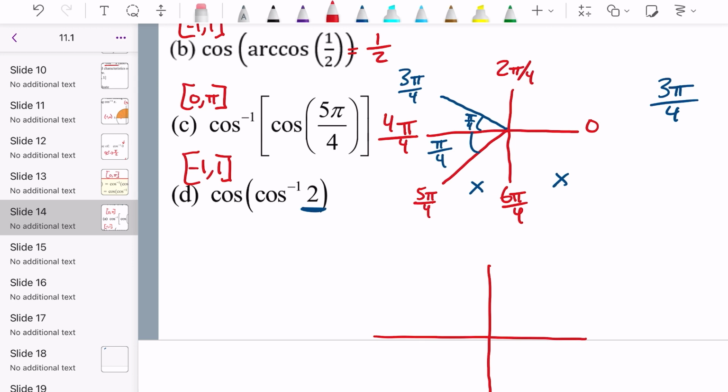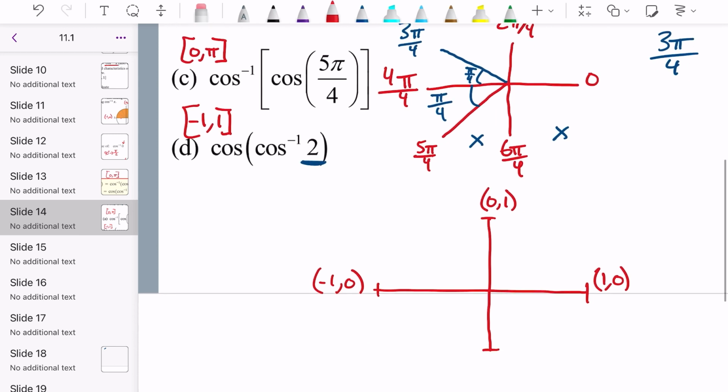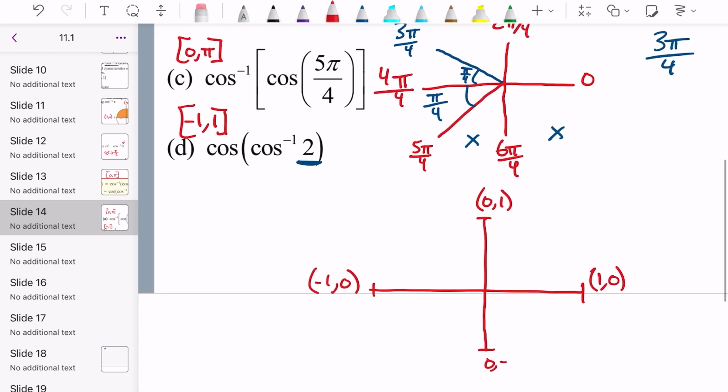our maximum values fall on the extreme outsides of our x and y, which means 1, 0, -1, 0, 0, 1, and 0, -1.